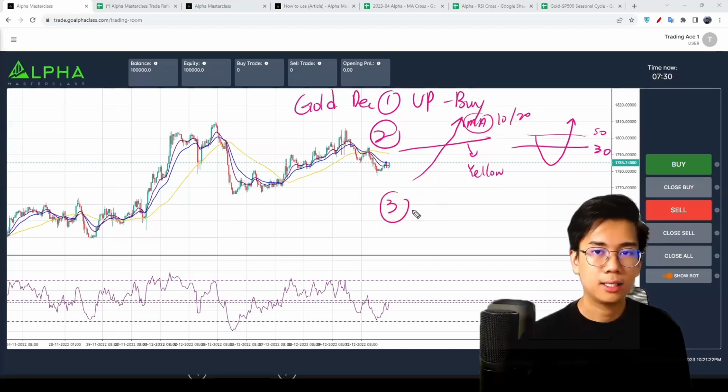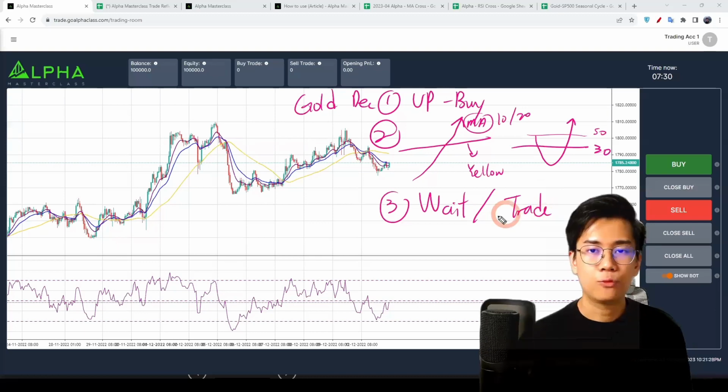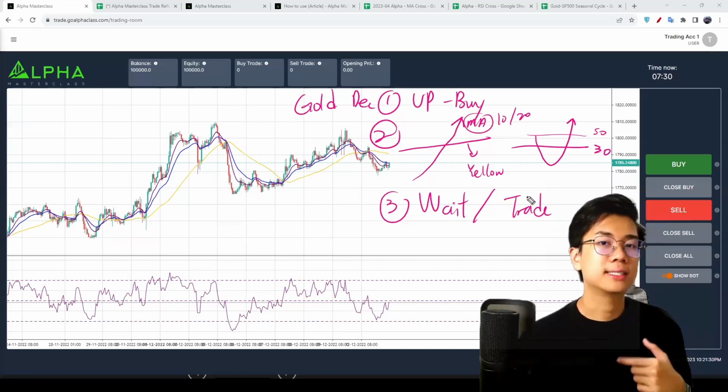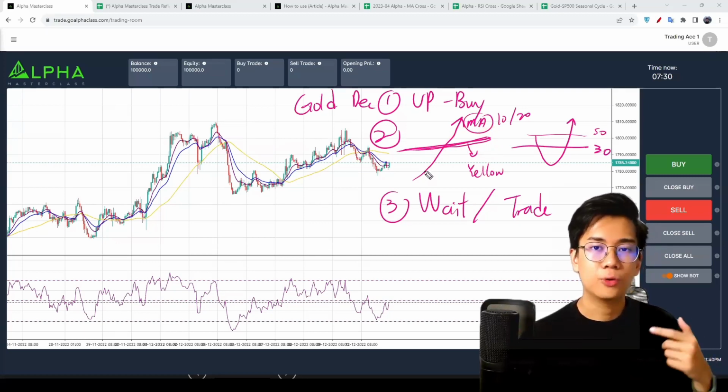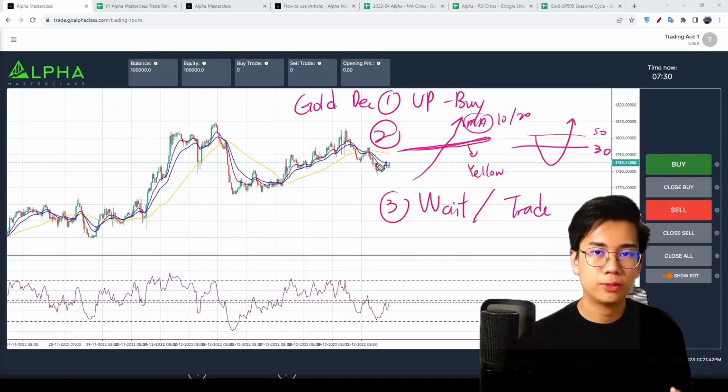And the third thing is either you wait or you trade. Wait for the signal, trade when the signal is there. Most of the time you just wait. Yellow is the benchmark, and then the moving average 10 or 20, which is the red or blue color, starts crossing up. That will be an entry.